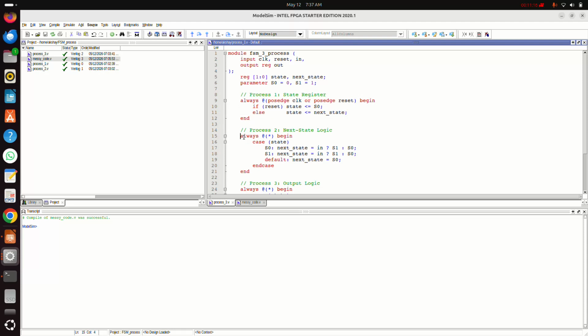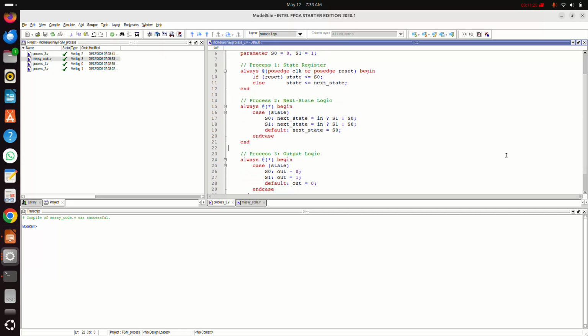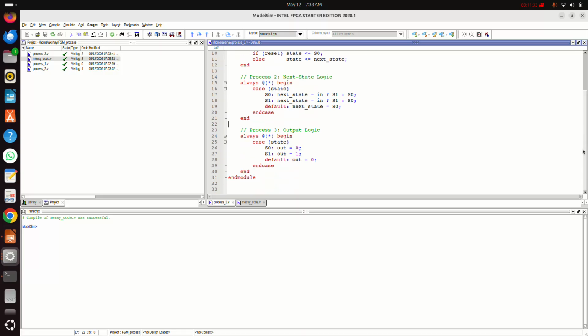Process 2 is our combinational block, which decides the state transition, when the next state will arise. The third and last block is our output logic combinational block. It defines when the output will be 1 and when the output will be 0, at which state output will be 1 and which state output will be 0.